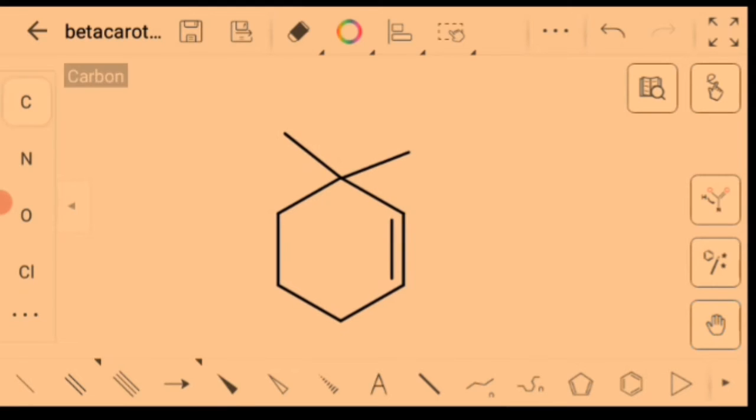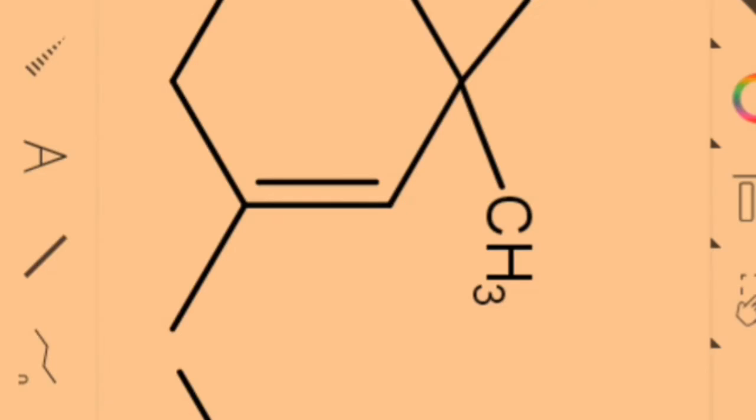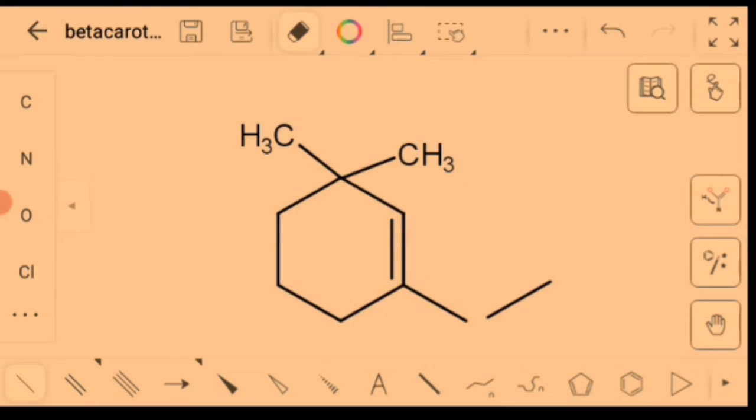Then you have to remember to install your methyl. You cannot forget that, because that is like the only important thing that you have to maintain in this structure, and you have to have it there.